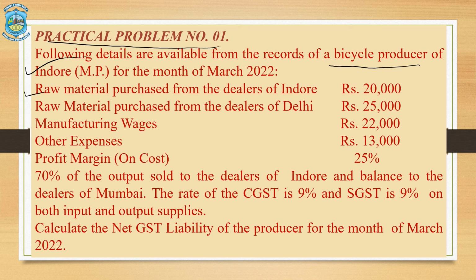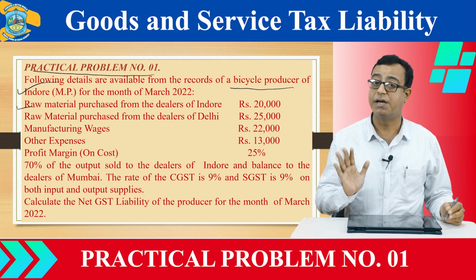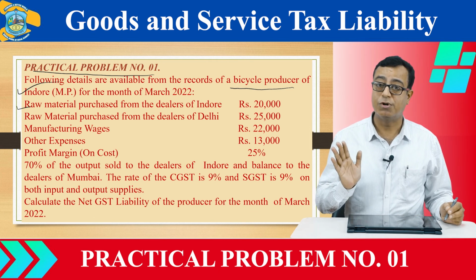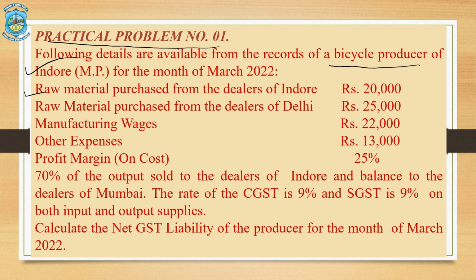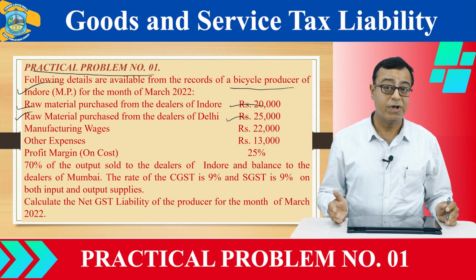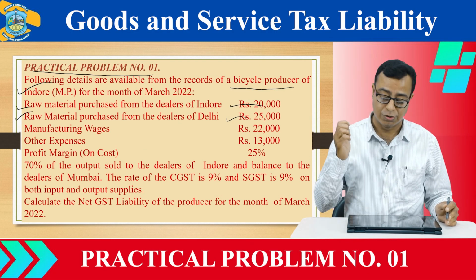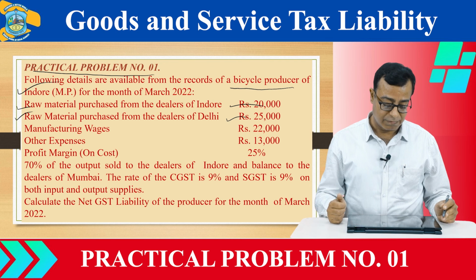He purchased raw material from the dealers of Indore. It means it's an intra-state input supply amounting to rupees 20,000. Next, we have raw material purchased from Delhi, that is inter-state input supply, because goods are moving from Delhi to our city Indore. It is amounting to rupees 25,000.